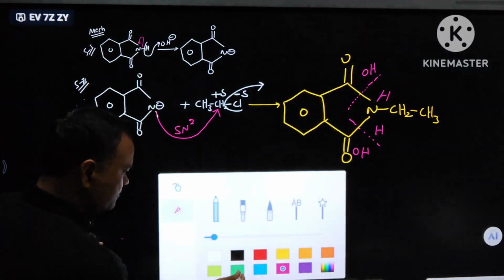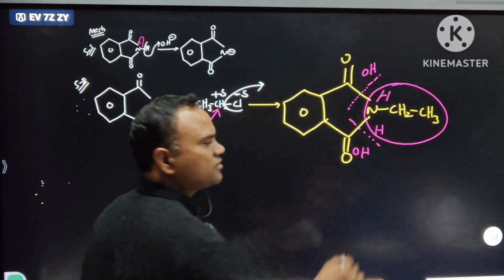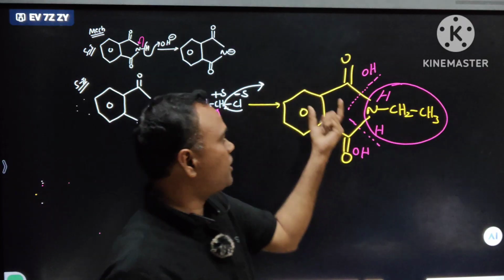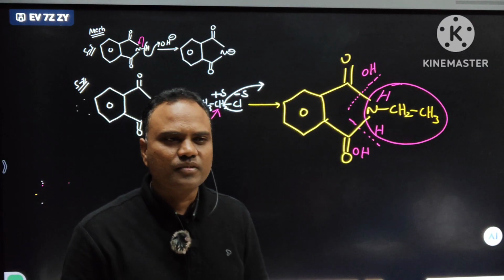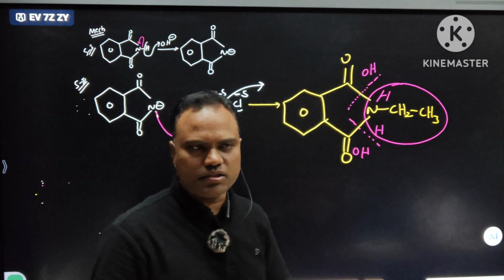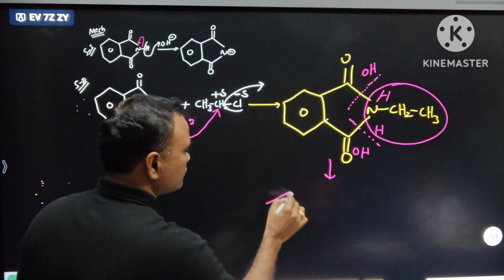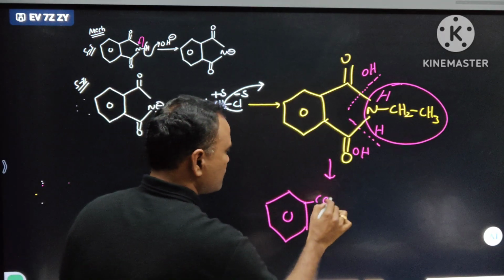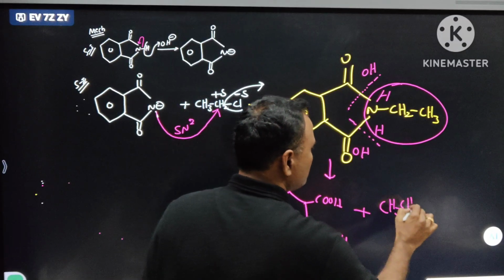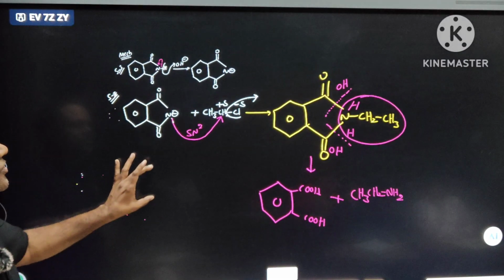Now what about this part? This total part is CH3, CH2 and H2. What is the byproduct? COOH, phthalic acid, and the primary amine, ethylamine. So this is about the mechanism of Gabriel phthalimide synthesis.